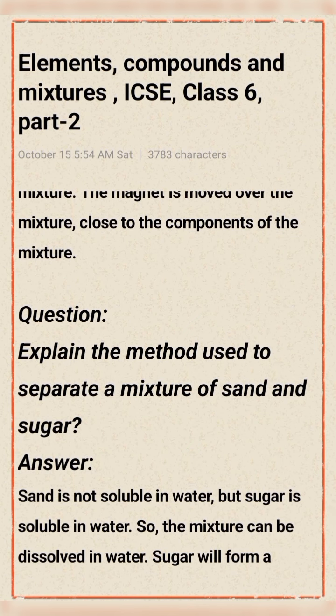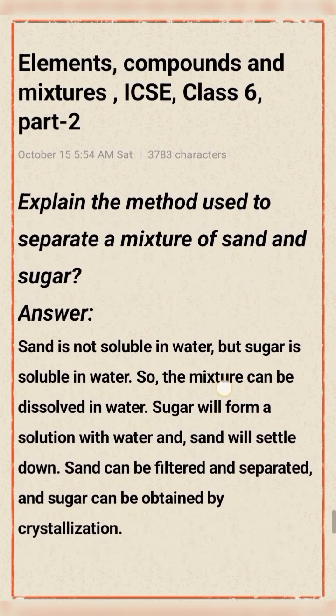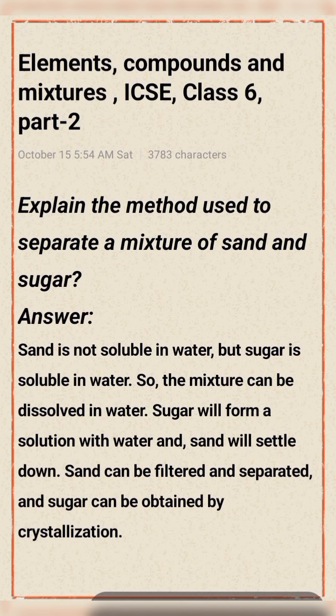Next question type: explain the method used to separate a mixture of sand and sugar. My dear viewers, sand is not soluble in water, but sugar is soluble in water.